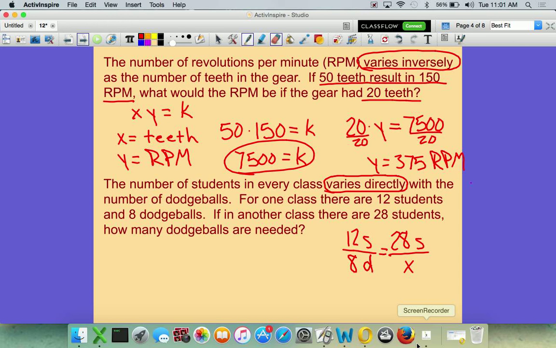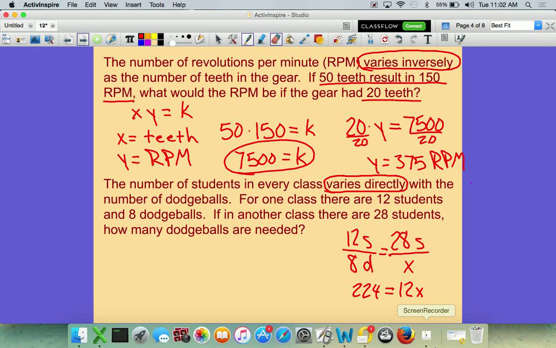So let's do that really quick. We multiply these together. We take 28 times 8, and we get 224. 12 times x is 12x.